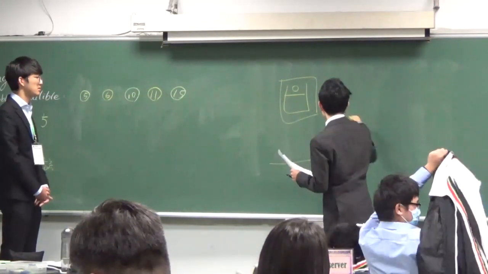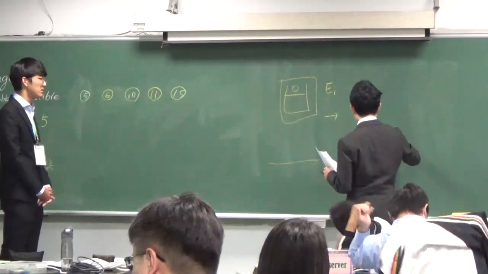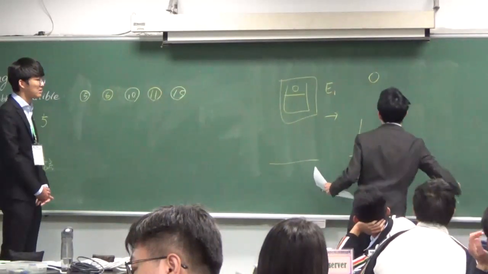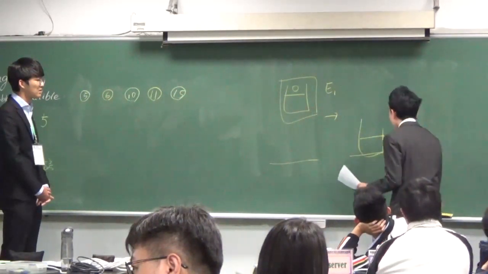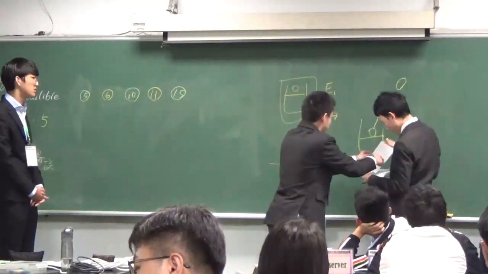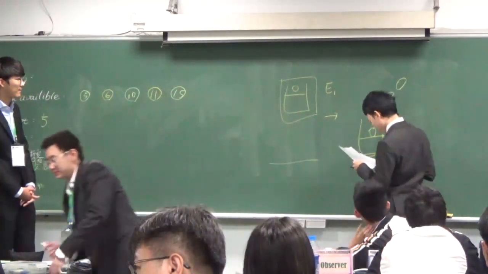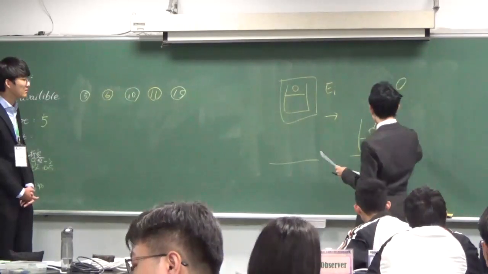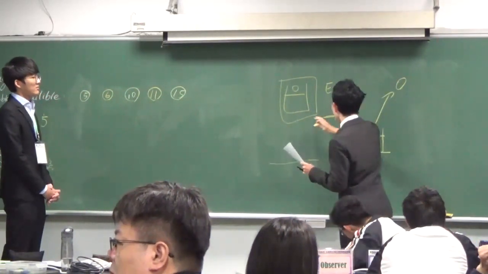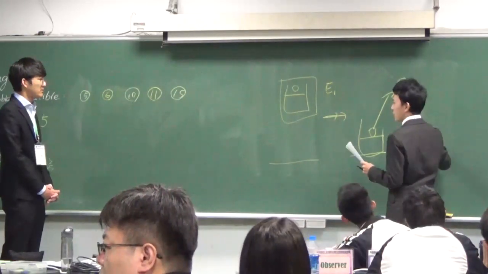Then, after everything, it falls to the ground, and the ball maybe flies off in different directions. For example, like this. How do you think the energy from here will transfer to here?